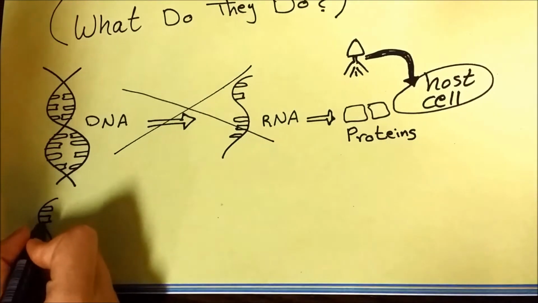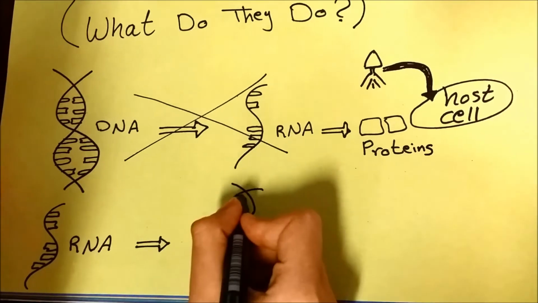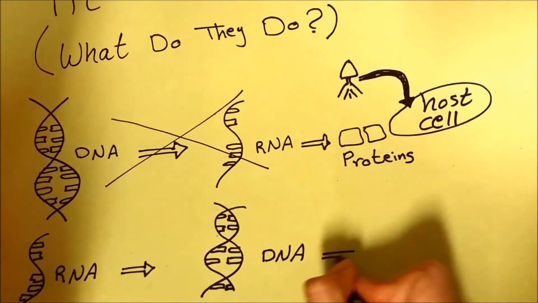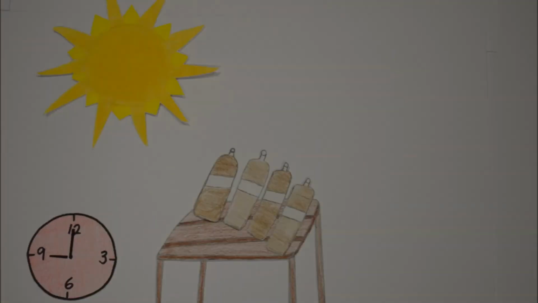However, this is not the case in retroviruses. They function differently. Their RNA is reverse transcribed into DNA, which is integrated into the host cell's genome and then undergoes the usual transcription and translation processes.